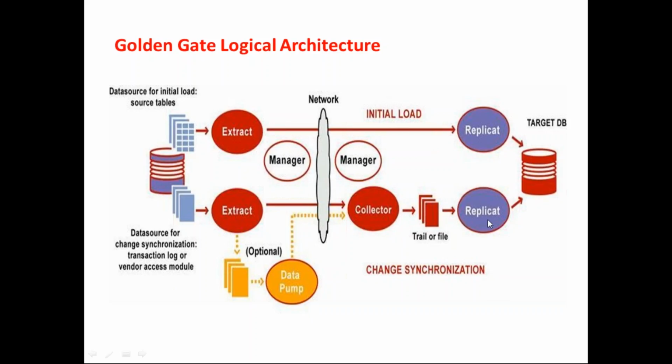Now the replicate process will read this trail file and convert the records into SQL commands. The redo log file contains the data: an insert contains the complete row, an update contains the old data and new data, and a delete contains the complete row. All these rows need to be converted into commands.